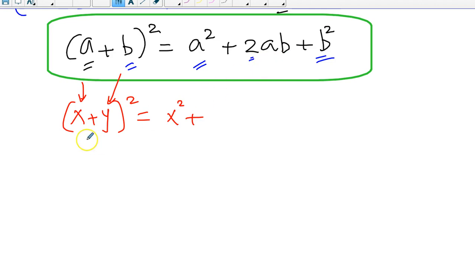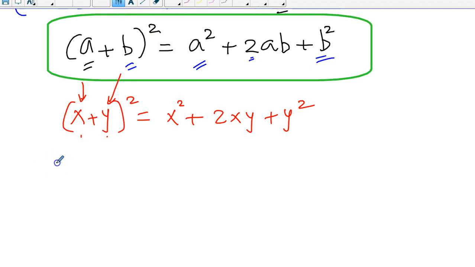Now 2AB becomes 2XY, plus B square. Your B square is Y square.